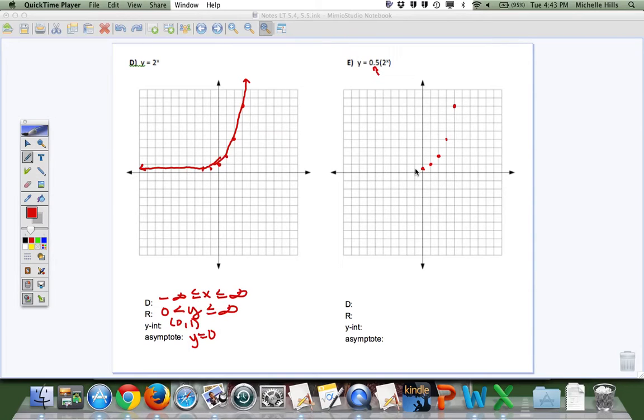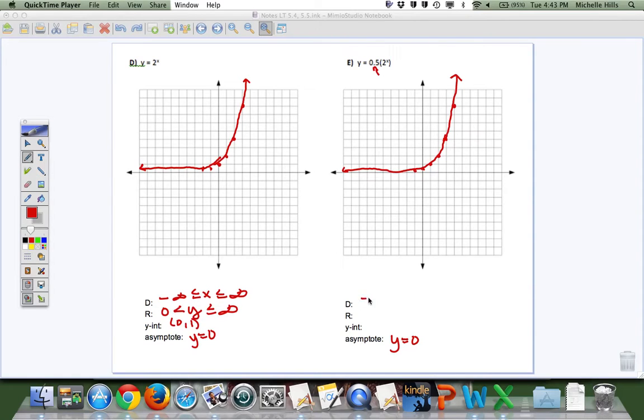And then instead of 2 to the negative 1 being at 1/2, it'll be at 1/4, but it's really kind of hard to tell any difference on your graph. So try as best you can to draw your curve through those points. I still have this horizontal asymptote, this line that this curve approaches but never actually touches, at y equals 0.